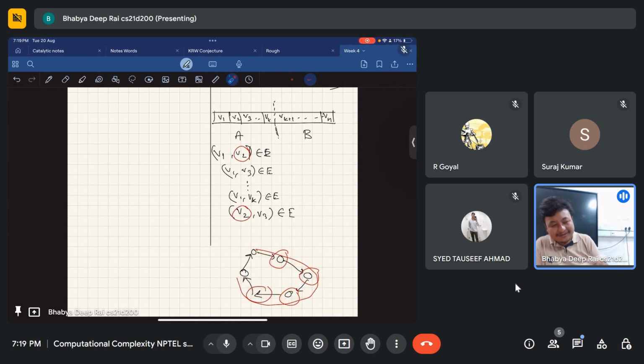Getting it? Because in the non-deterministic log space algorithm, we were not allowed to remember. But if I allow you to remember the certificate, then you'll be able to look back at those points and see the other vertices that you had previously seen.